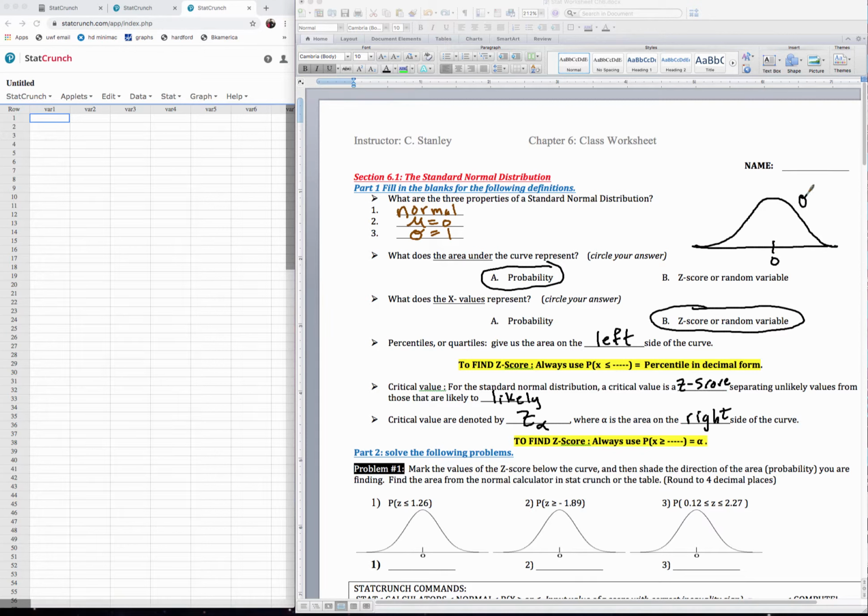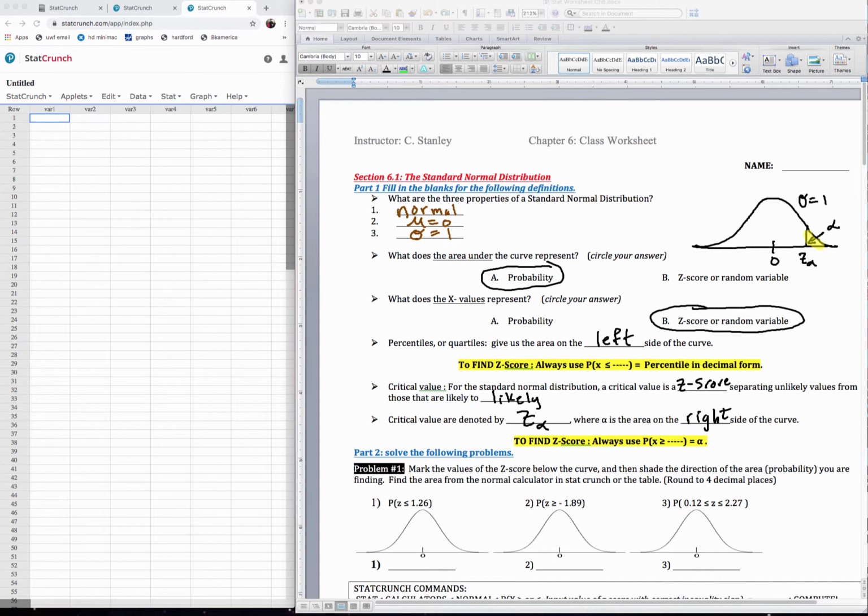That's 0, this is 1, this is what we're going to be trying to find, that's z alpha. This is alpha right in here. Alpha is this little space right there. So it's usually pretty small.